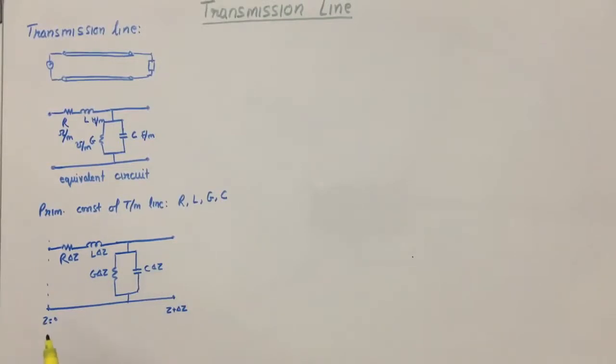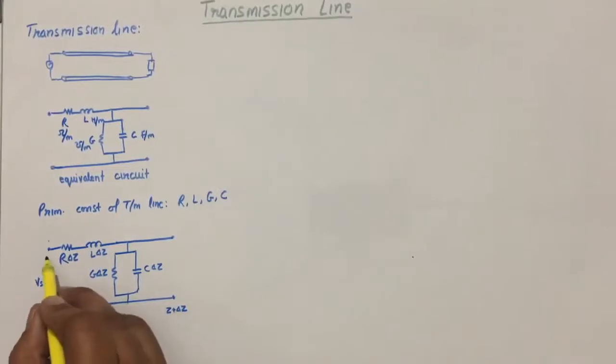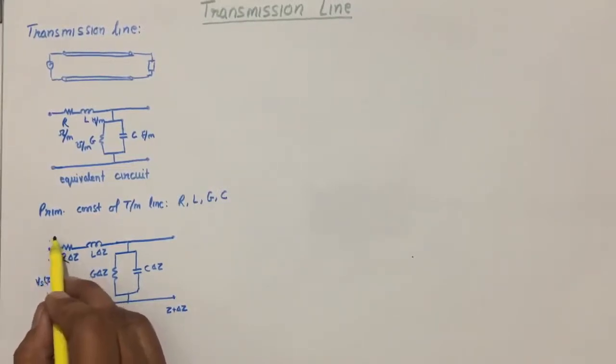Now let us try to find the voltage and current wave equations from this equivalent circuit. So if we apply KVL by applying the voltage source, then the current that is flowing here will be Is(z).